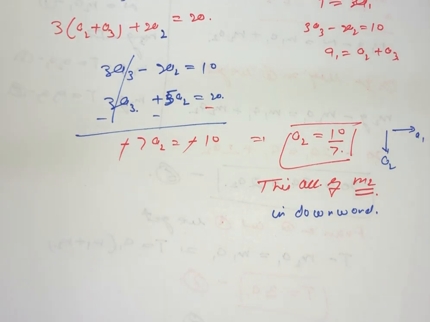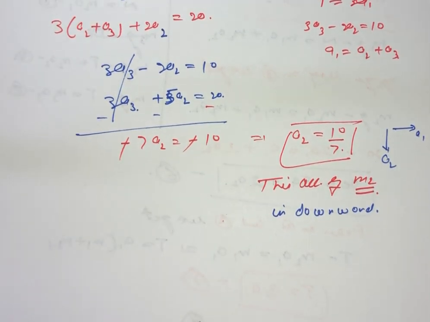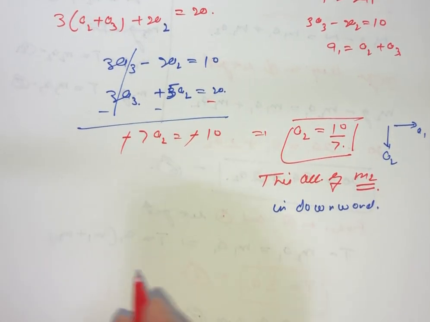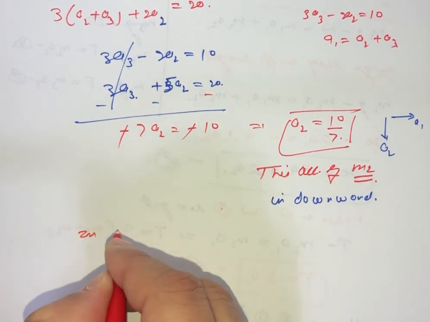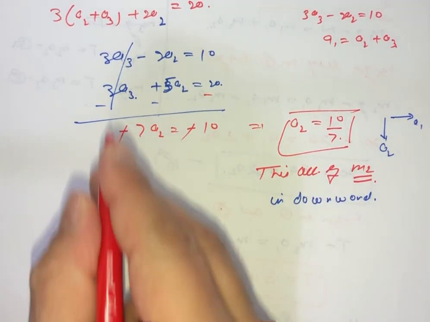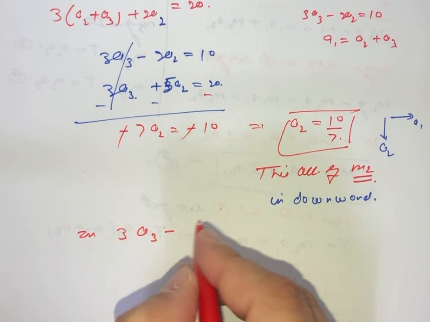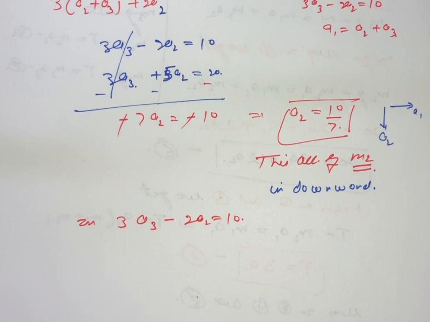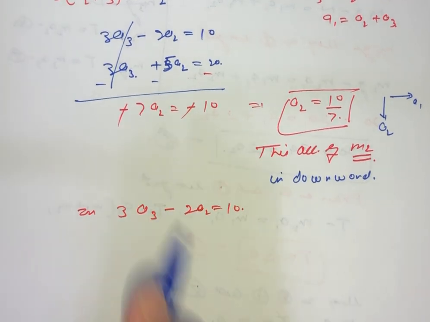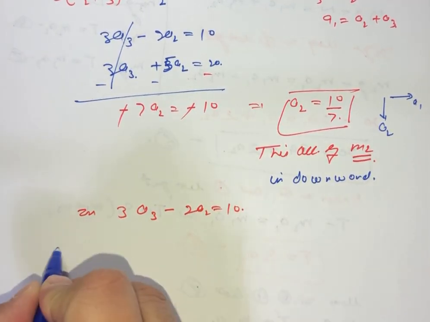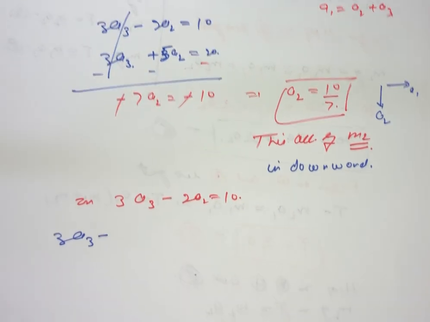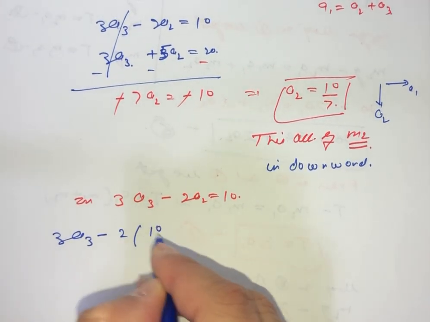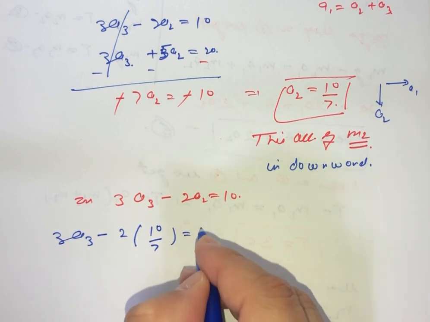So next we are going to use another equation to find out our a3, and we already know that equation is 3a3 minus 2a2 is equal to 10. We substitute a2, we get this as 3a3 minus 2 times 10 by 7 is equal to 10.